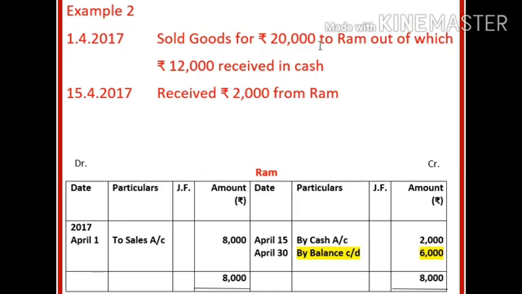So only rupees 8,000 were debited to Ram. Then on 15th, received rupees 2,000 from Ram. Here you will post it by cash account. Now if we balance this account, 8,000 minus 2,000, difference is 6,000, and which side is more? Debit. So the balance will be written on the credit side by balance carried down.